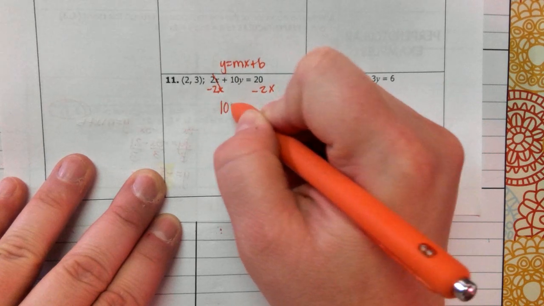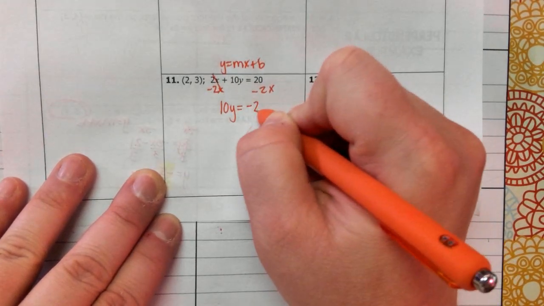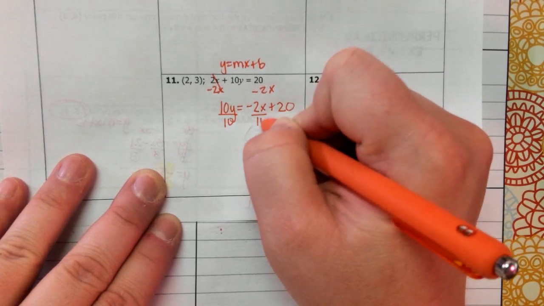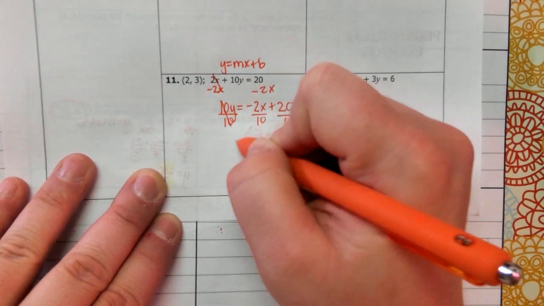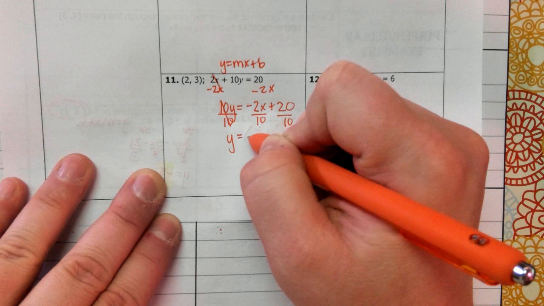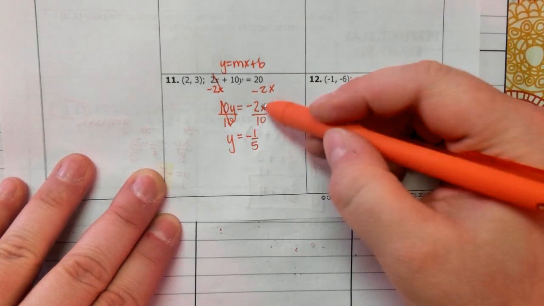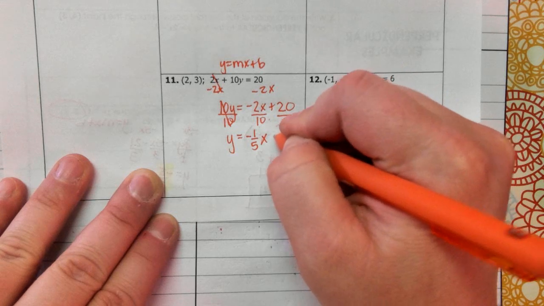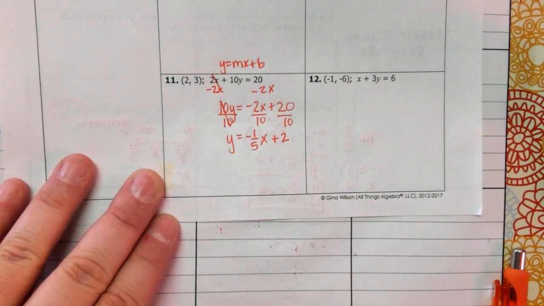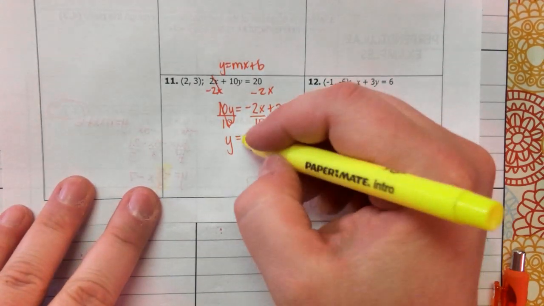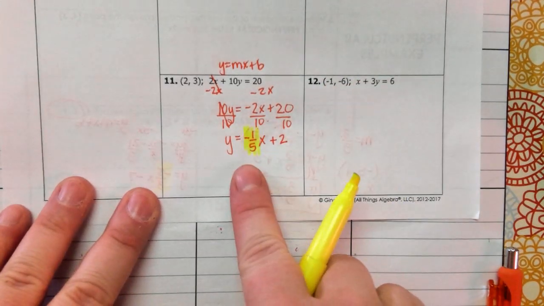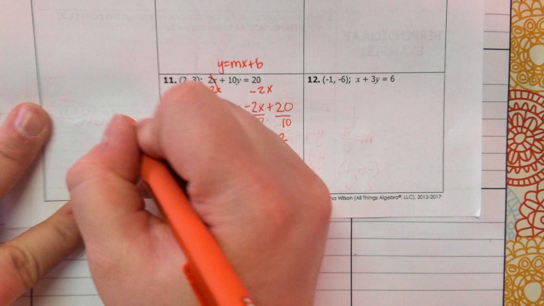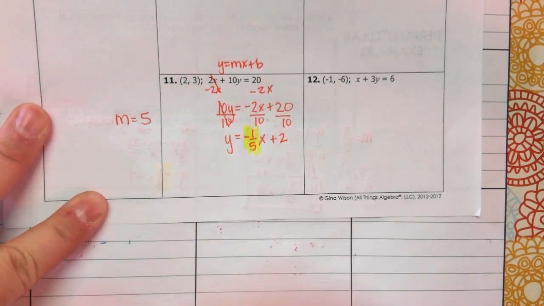So 10y equals minus 2x plus 20, and then divide by 10. Y equals negative 1/5. So 2 divided by 10 is 1 over 5. Plus 2. So what is my slope? My original is negative 1/5, but I have to flip it and change the sign. So it's going to be positive 5.